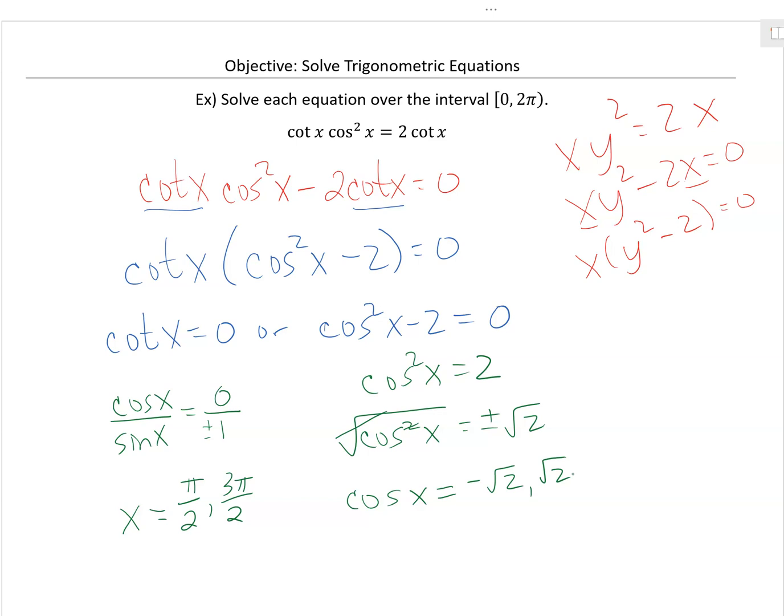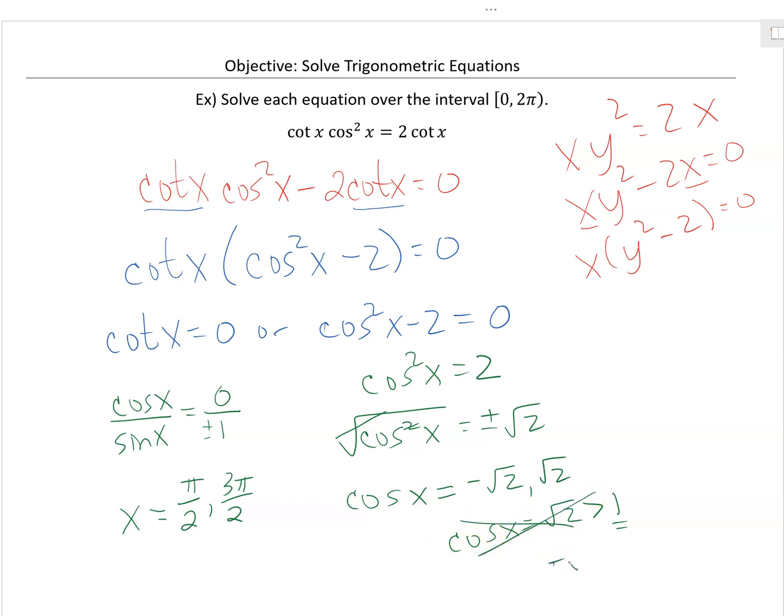So we have to know our unit circle, and we have to recognize that square root of 2 is actually larger than 1, and it's about 1.4. So square root of 2 is larger than 1, and the unit circle shows us that the largest value of cosine is 1. And so there is no angle that has a cosine that will be square root of 2. It's too big.